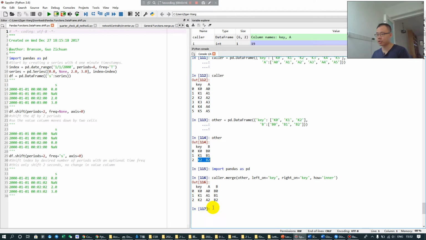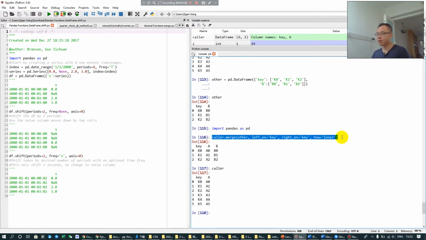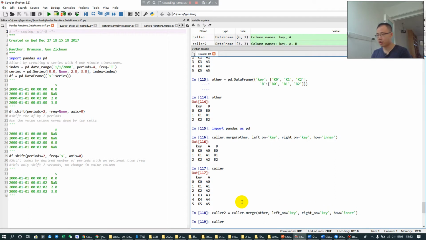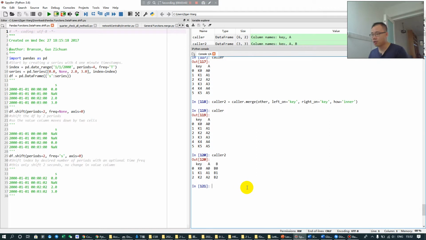Therefore, they are not in the combined data. The caller itself doesn't change. What changes is caller.merge. If you want to save it, you should assign it, like maybe caller2. Then caller is still the same, and caller2 has 3 rows.